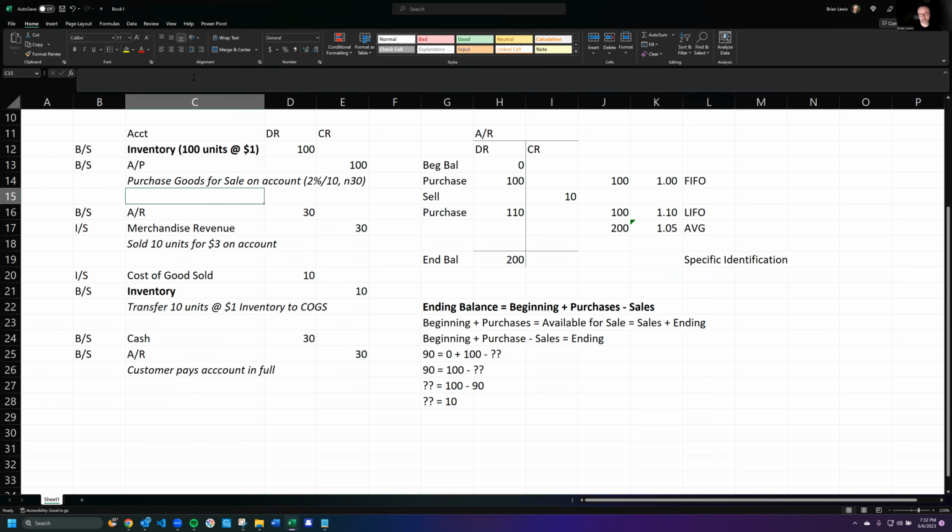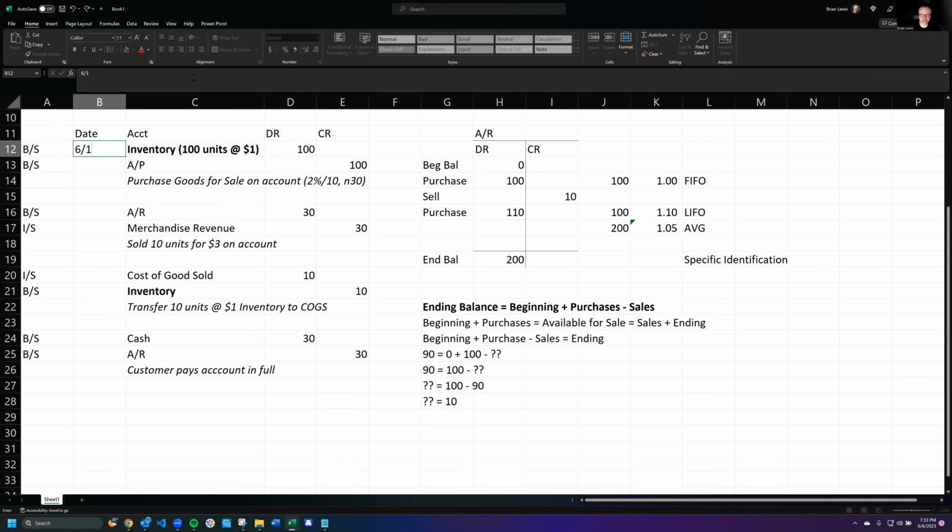All right. So let's say we'll put a date on here now. We'll move this all over. Let's say this is June 1st. And this is June 2nd. And then my customer paid on the same day, well, no, they didn't pay.